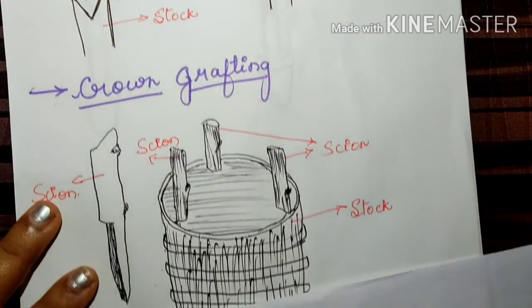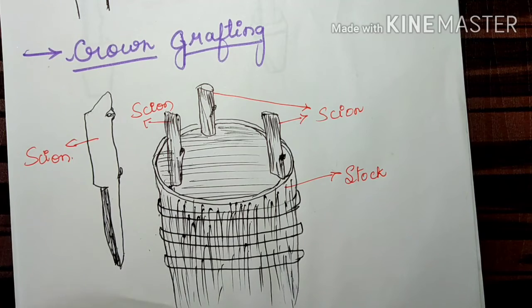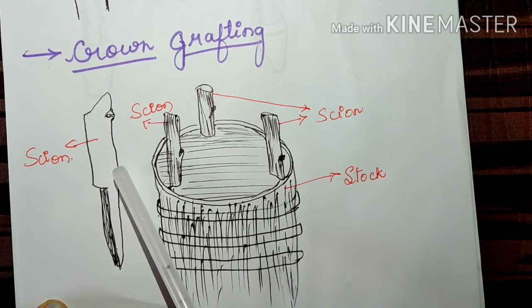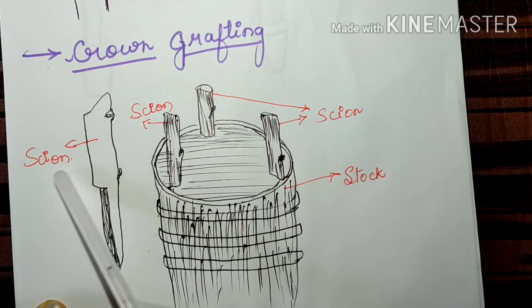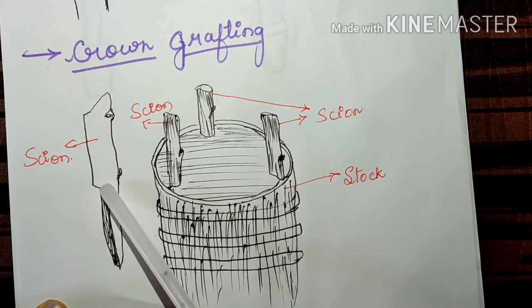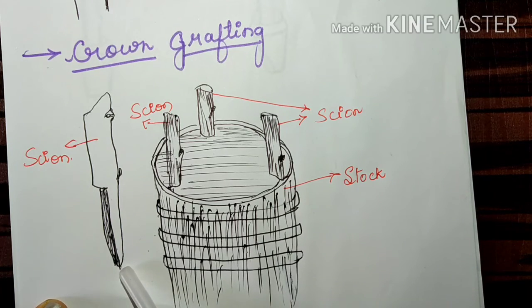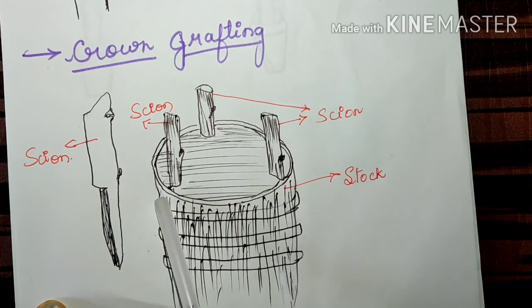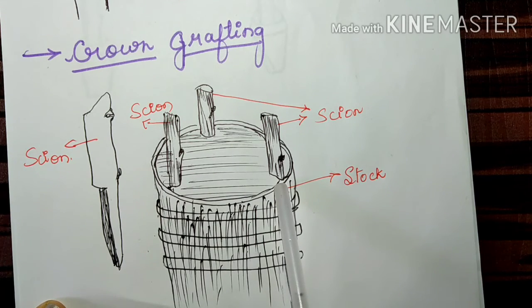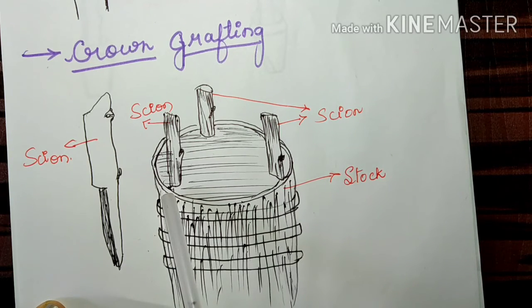And the third type of grafting is the crown grafting. In this crown grafting, several scions, like this, having a wedge-shaped cut, are grafted on the sides of the stalk.